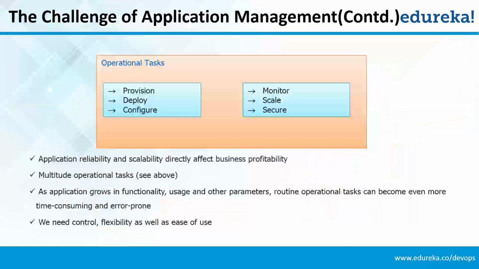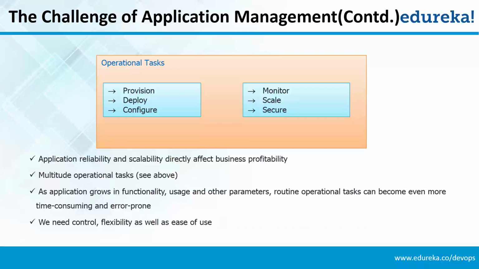So in such cases, this is exactly where the problem comes in, and this is where the biggest challenge comes back. Provisioning of a server is one of the biggest challenges. Deploying an application to a server is a very big challenge.